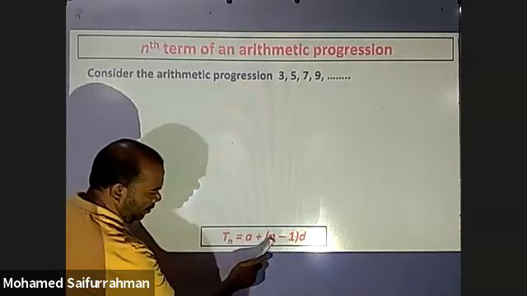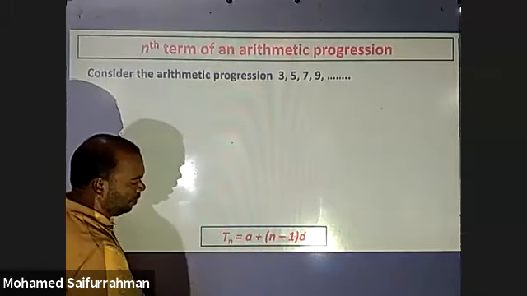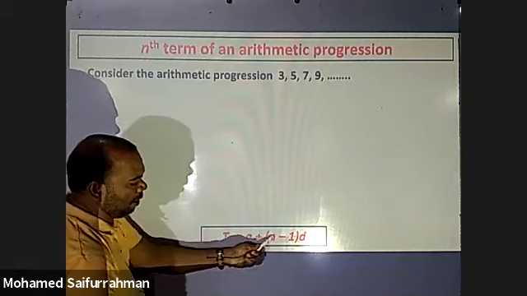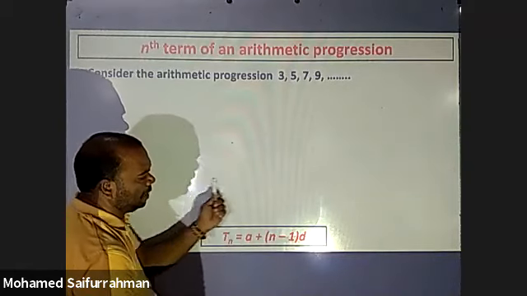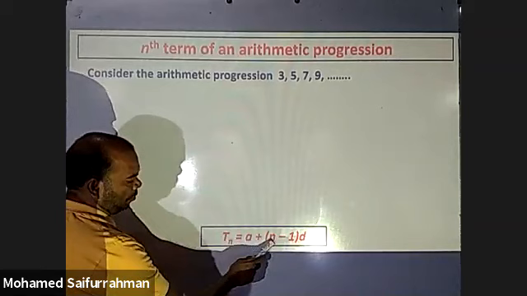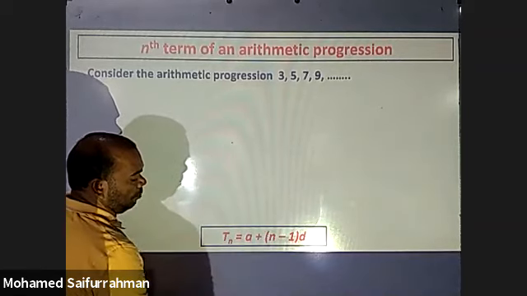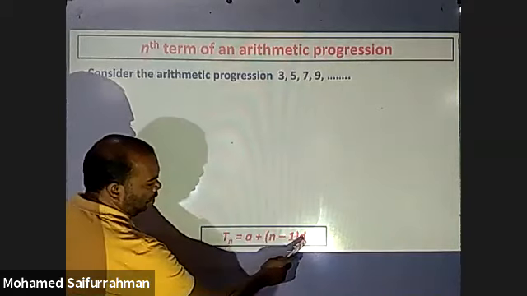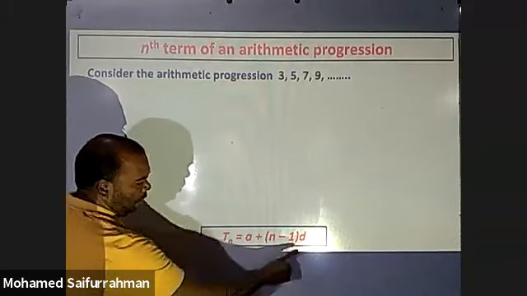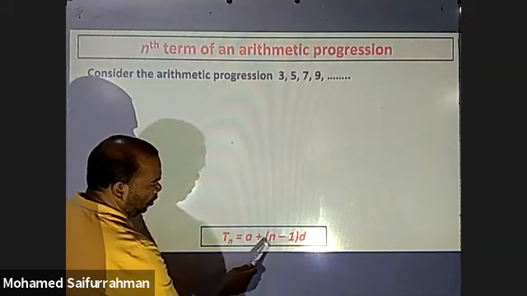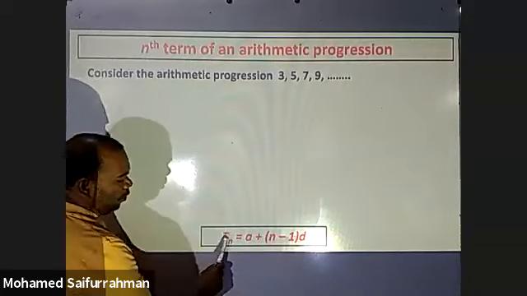What is n? The number of the term. Here the 10th term means n equals 10, the serial order in the number sequence. And this is called the common difference. So 1, 2, 3, 4.